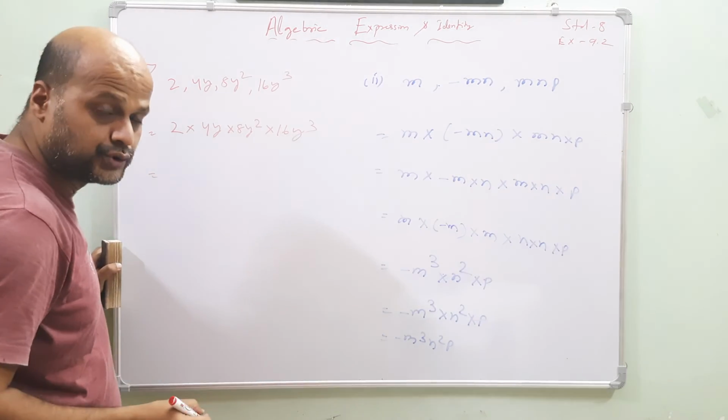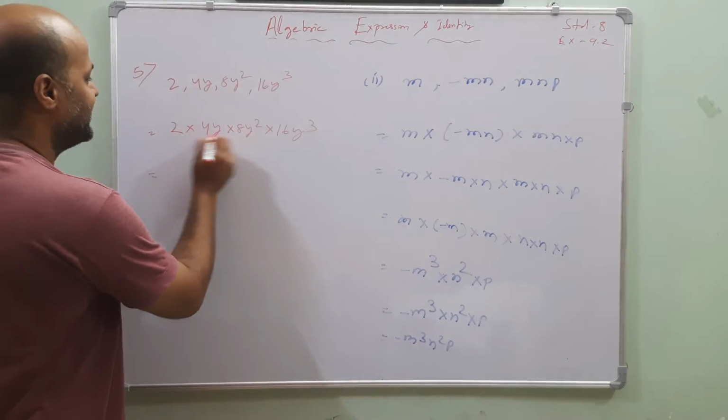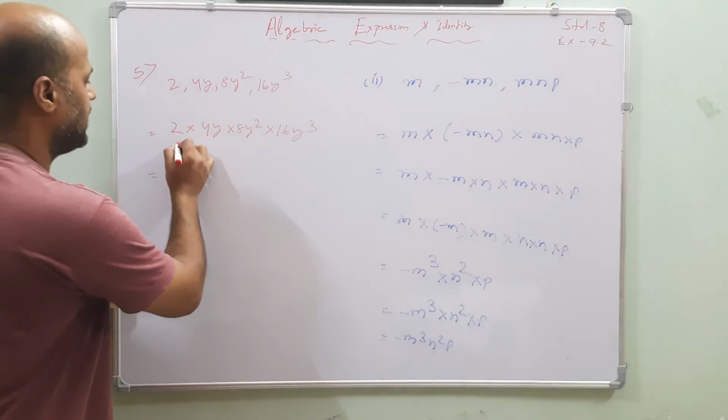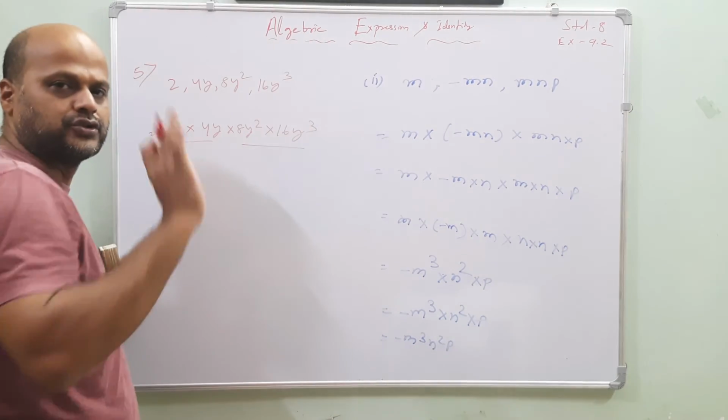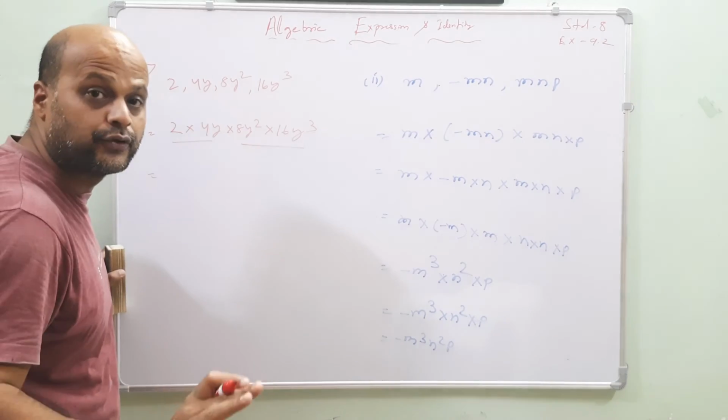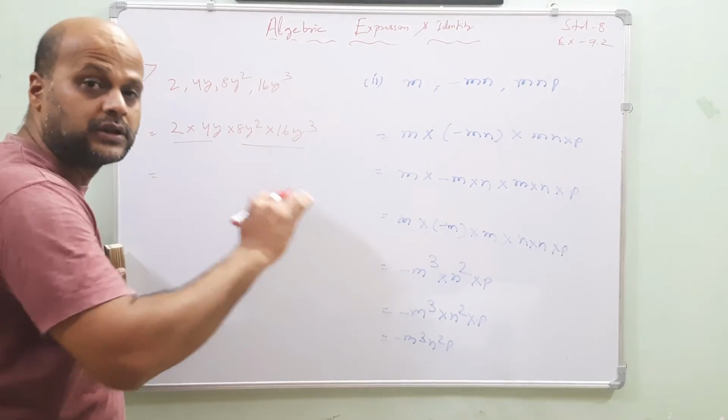So what to do? Yes, first multiply 2 and 4. You can multiply two at a time, or you can multiply all at a time also. But be careful whenever you do all the multiplication.